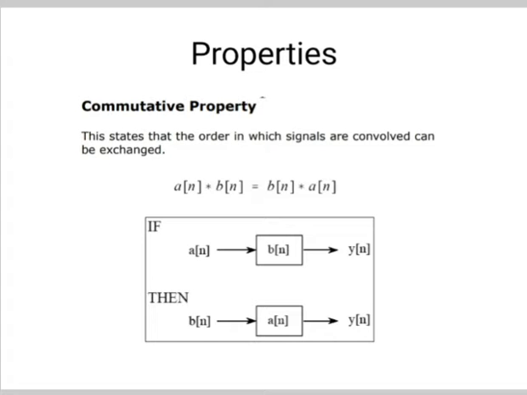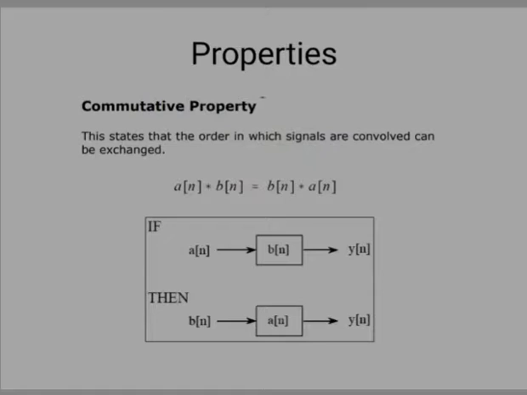So we can write x of t convolution h of t equal to h of t convolution x of t, which is equal to the integration from minus infinity to infinity of x of tau into h of t minus tau d tau. So this is the commutative property.